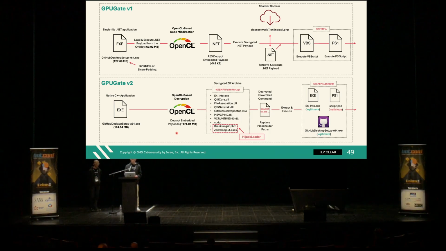The decrypted payload itself was 174 megabytes, so the executable itself was pretty much the same size. This contains a zip archive, which contains the official GitHub Desktop installer, which is executed so the user's less aware of what's going on, and HijackLoader. So it's more self-contained.